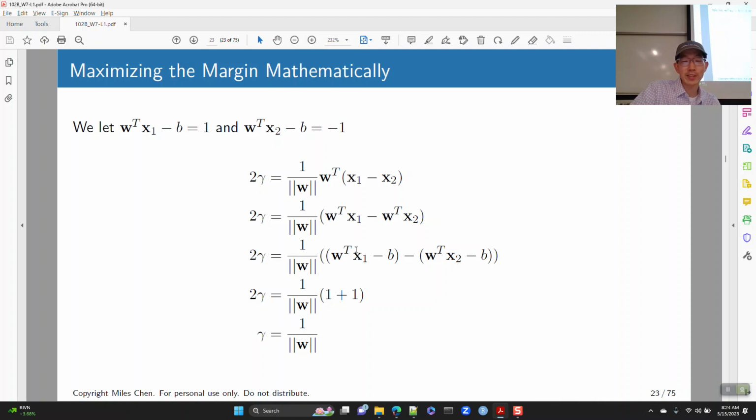And then we find out this is equal to 1, and this is equal to -1, with the way we've defined the locations of our boundaries. And then we're going to get 2 gamma is equal to 2 over the norm of W, and so gamma is going to equal 1 over the norm of W here.